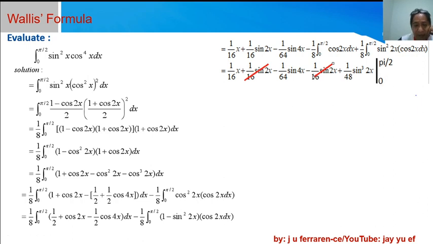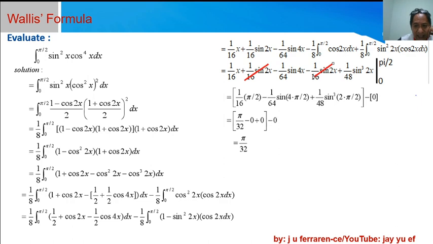Now, when the upper limit is substituted, there I have the terms. So pi over 2 is replaced for the variable x. That is the substitution. When 0 is substituted for all the terms here, you will notice that they will always come out to be 0.